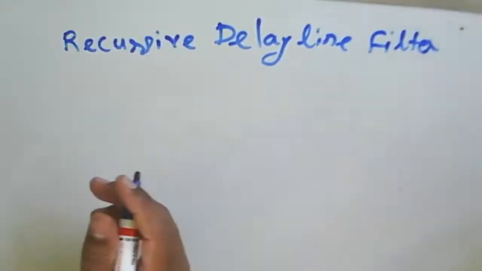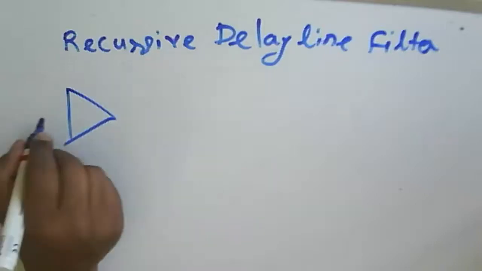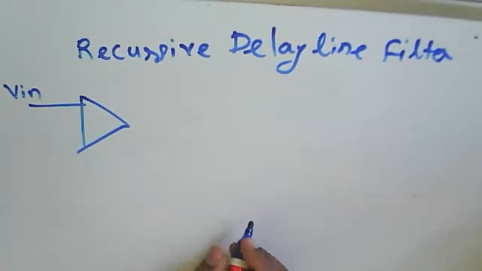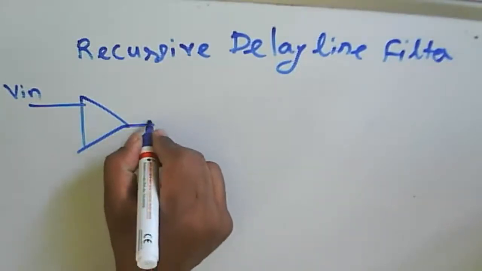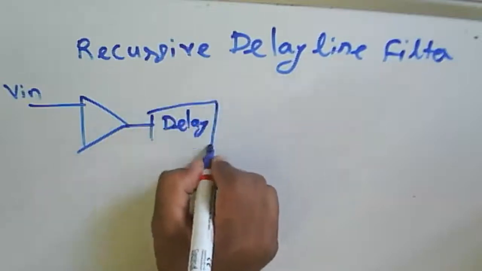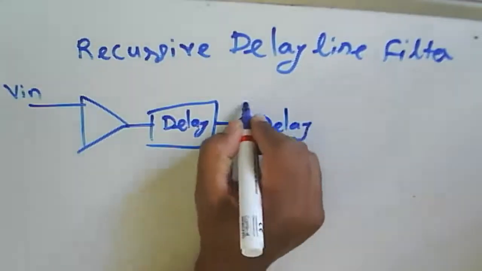We can consider that for the nth pulse there will be the input V in, and that will be given to delay 1, delay 2 here.